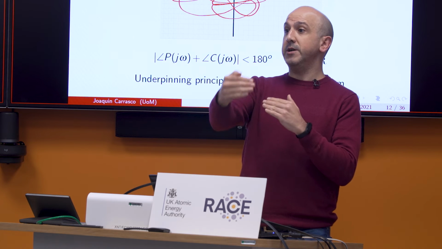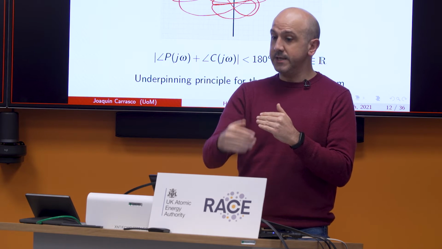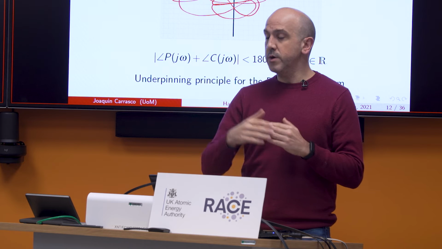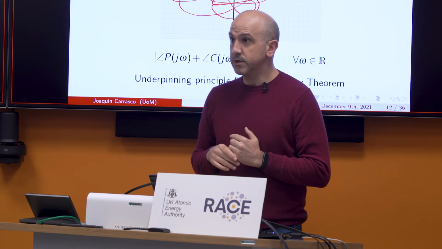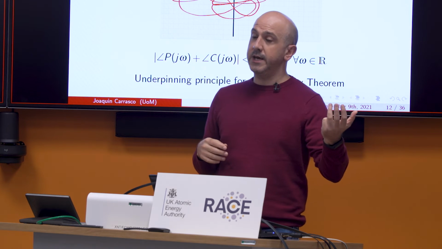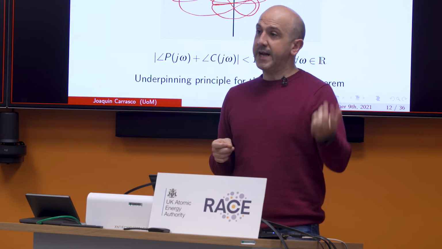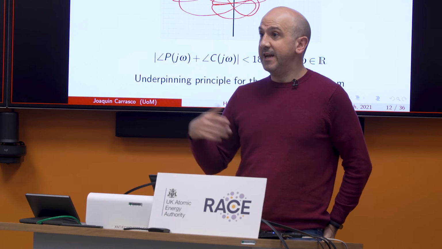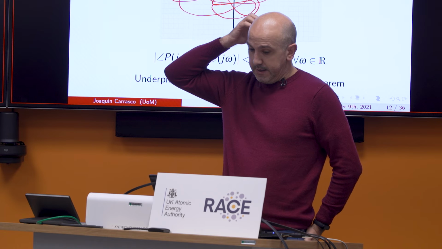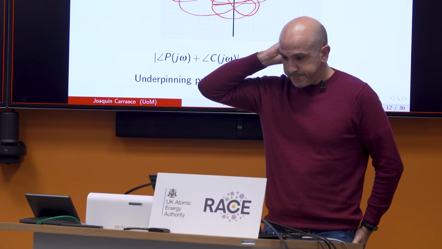And if you never reach the -180 degrees, then you are in this situation where you have an infinite gain margin. So in the same way that when we use the small gain theorem, we can accommodate any delay, when we use the passivity theorem, we can accommodate any gain in the system.